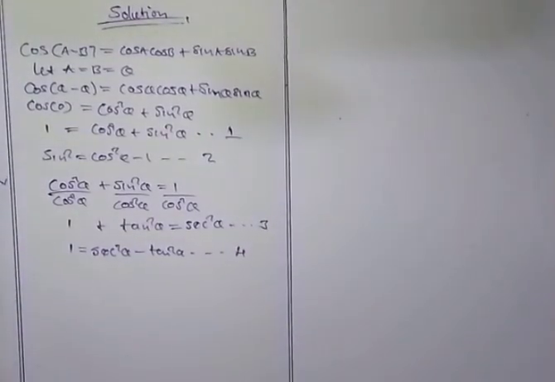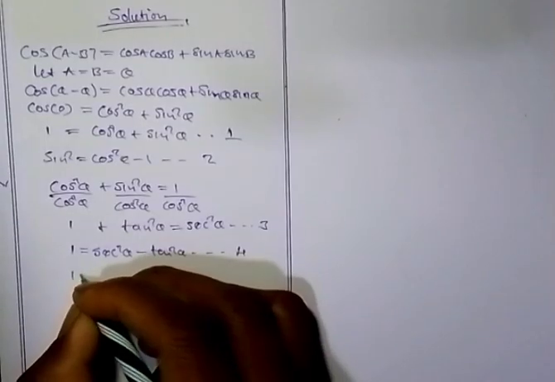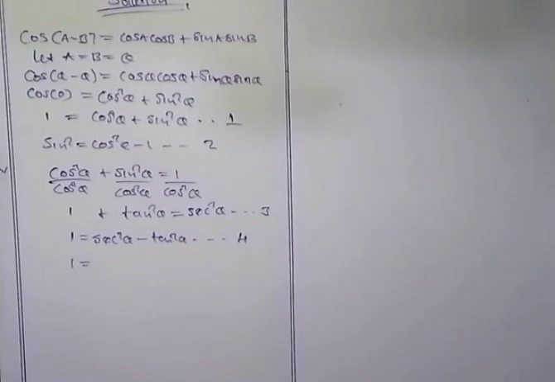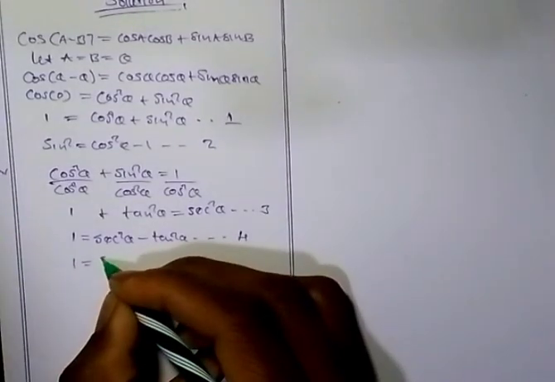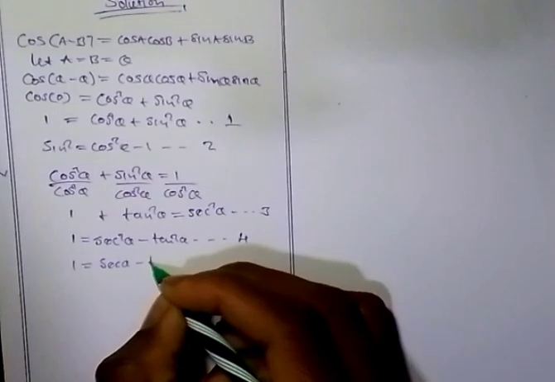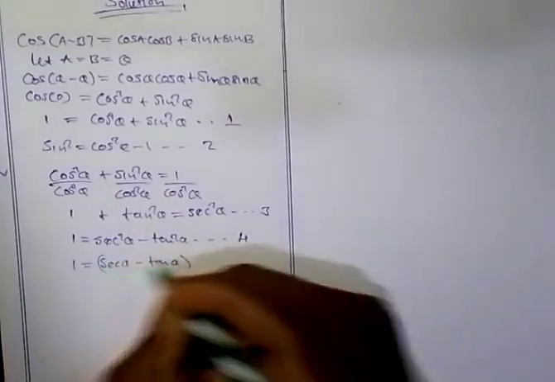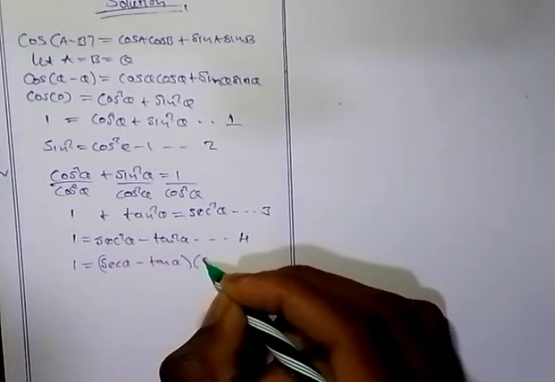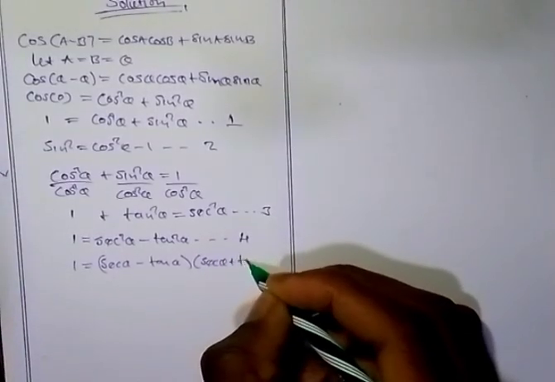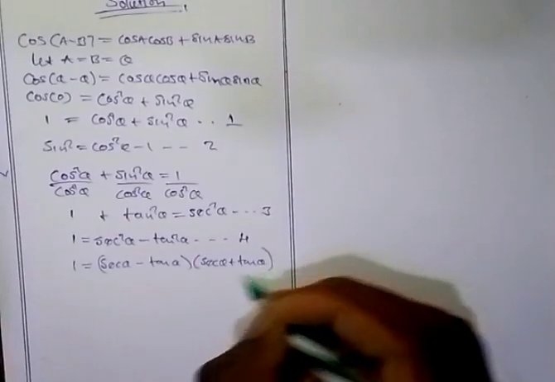Okay, so we see that 1 is equal to, here we can have a difference of 2 squares, so we're going to have sec theta minus tan theta, and this side we also have sec theta plus tan theta.